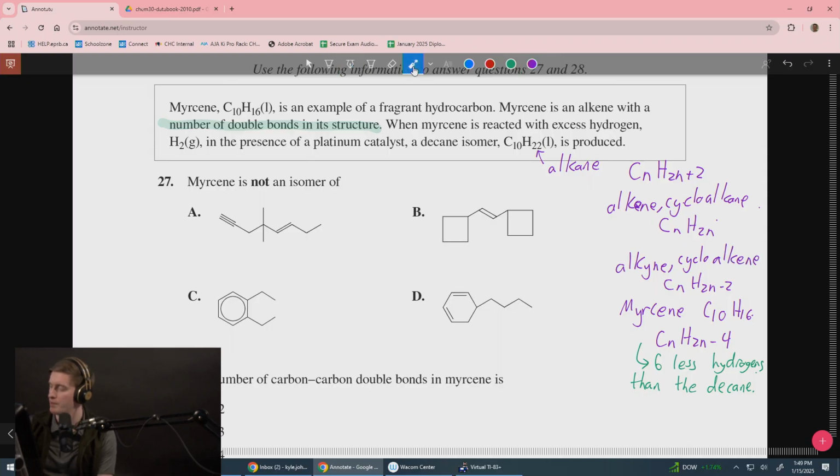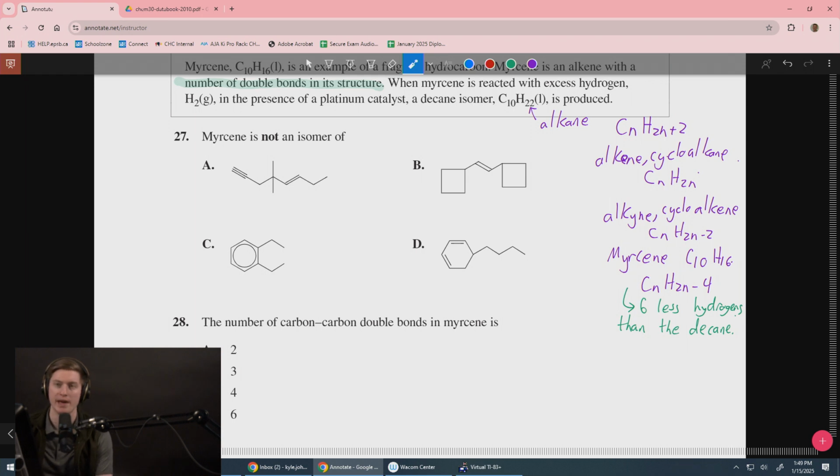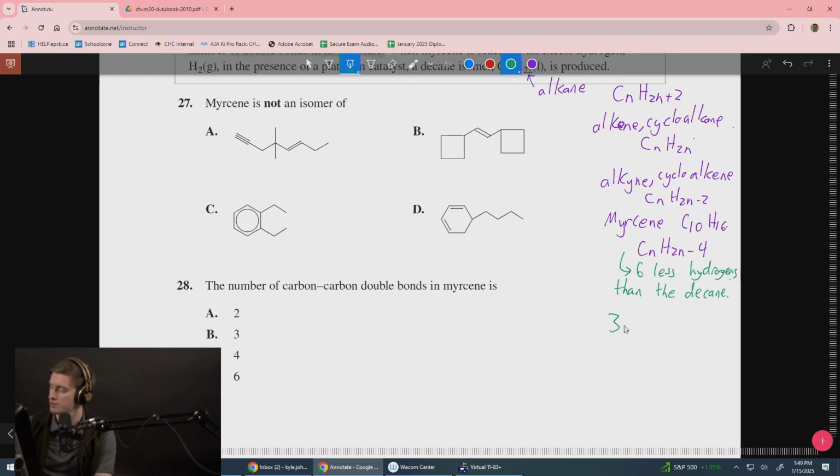What I mean to show by that is that every time you make a multiple bond, like a double bond, or every time you make a ring structure, you get 2 fewer hydrogens than the alkane with the same number of carbons. We have 6 fewer hydrogens, which means that we must have had 3 double bonds.